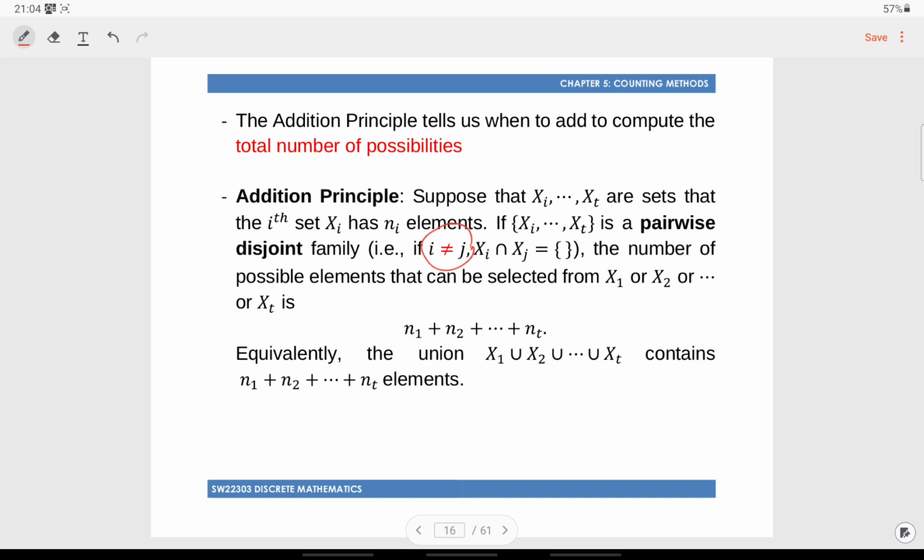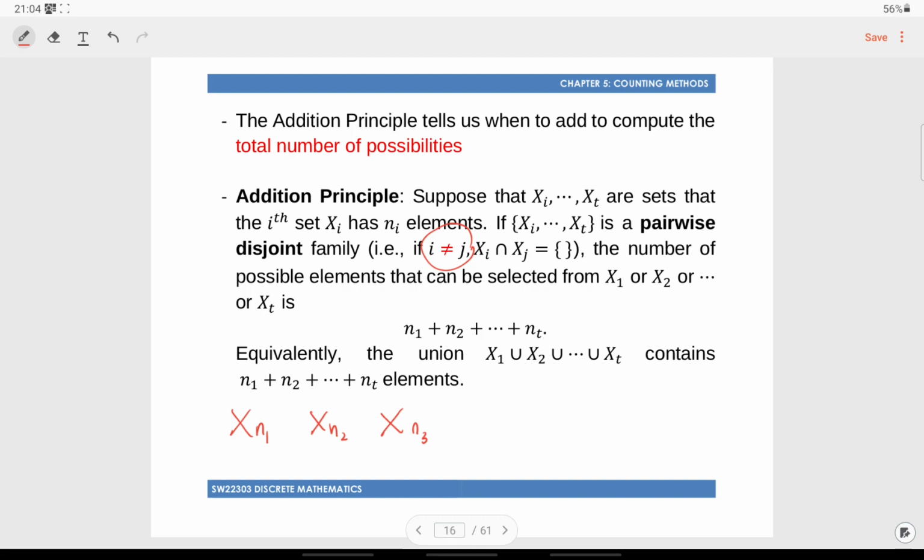So what does it mean by pairwise disjoint family? Let me give you an example. We have three different sets, X1, X2, and X3, where set X1 contains n1 elements, set X2 contains n2 elements, and set X3 contains n3 elements.